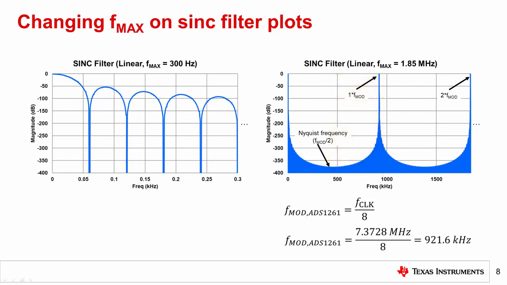Note that f_mod is specific to the ADC, and in the case of the ADS1261 is given by f_clock divided by 8. Using the ADS1261's internal oscillator with a nominal frequency of 7.3728 MHz, f_mod is equal to 921.6 kHz as shown.